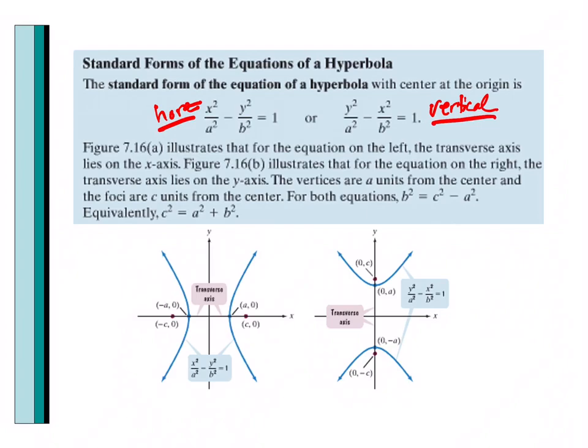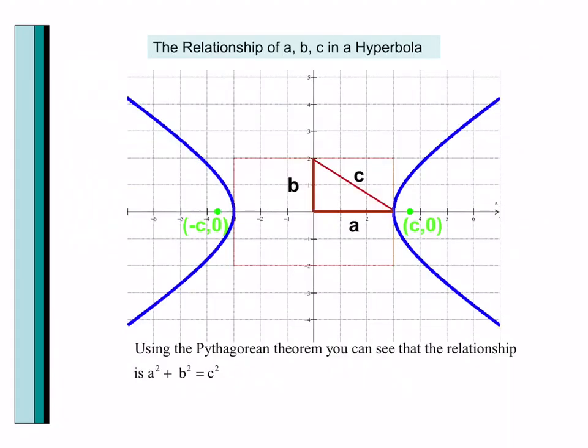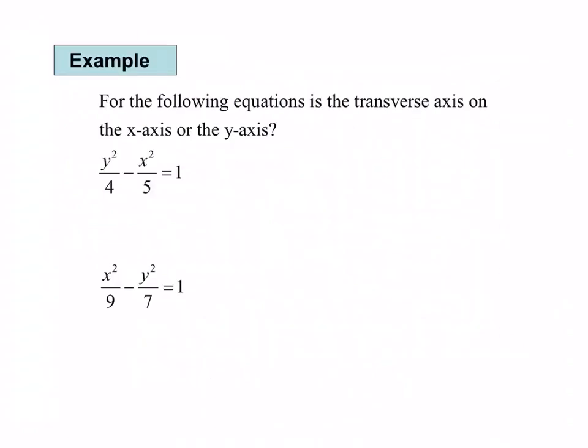So horizontal and vertical. And this time, the relationship is a squared plus b squared equals c squared. So we can always figure out the distances a, b, and c using that relationship this time. And then, of course, there's the diagram of a squared plus b squared equals c squared.